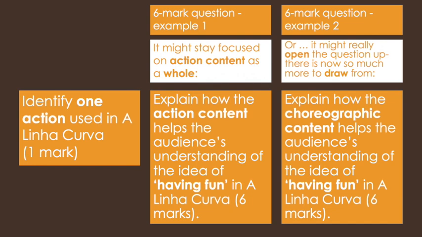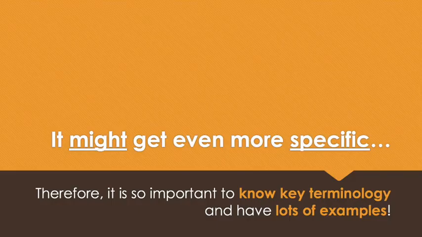The choreographic content could relate to the movement content, structuring devices and form, or the choreographic devices. This is much broader than the first example, which asks you to specifically focus on the action content. The questions in your exam paper might get even more specific, so it's important that you know the key terminology and have lots of examples to use in your writing.